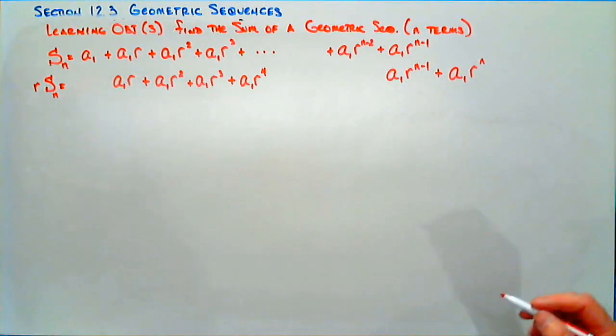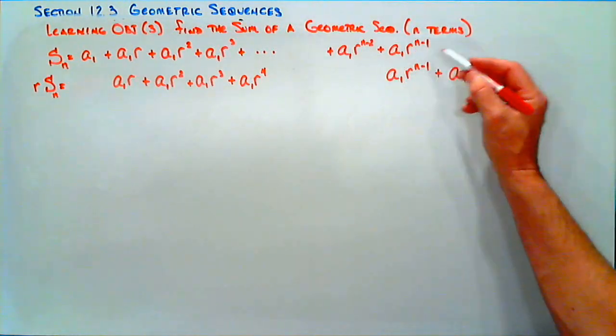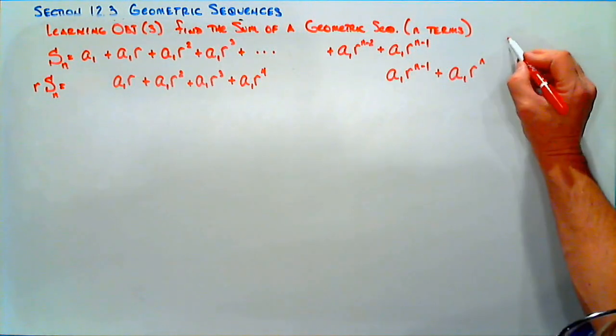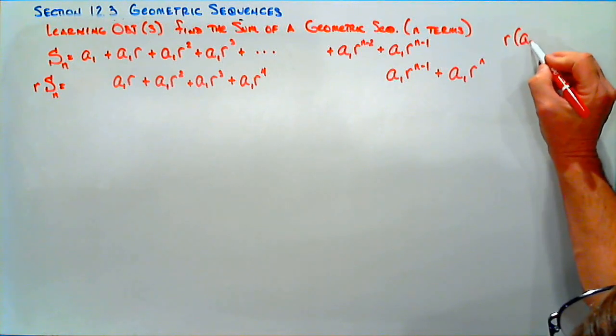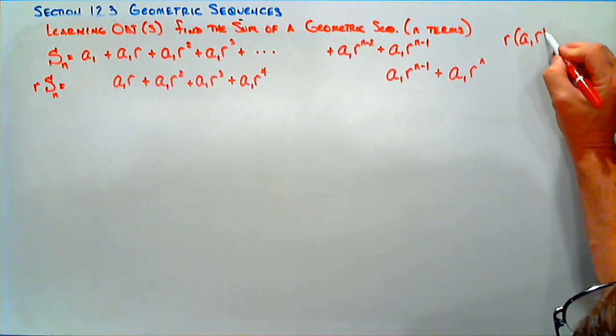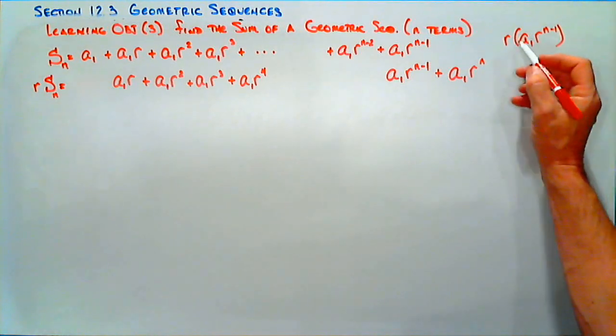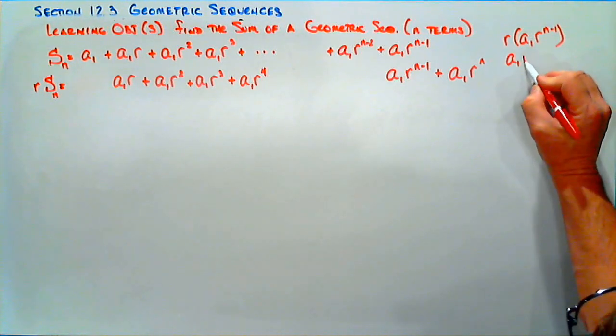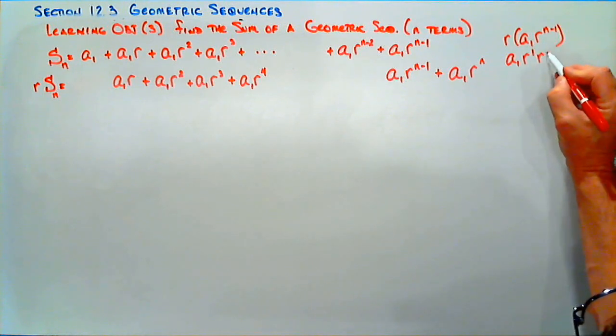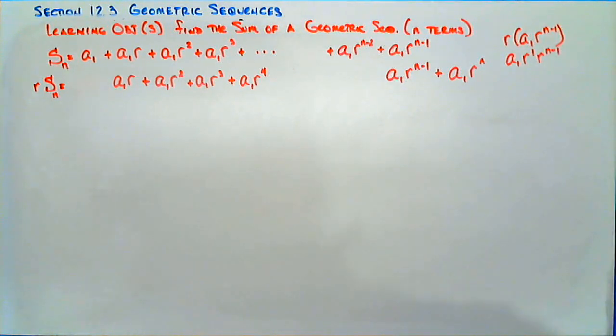Now let's just talk about that for a second. Let's see if we can justify for ourselves why that works. We're taking r times a1 times r to the n minus 1. This is a little exercise in exponents. That's going to be a1 r to the first times r to the n minus 1, if you just allow me to reorder them.